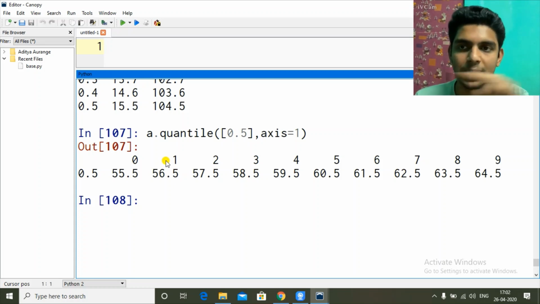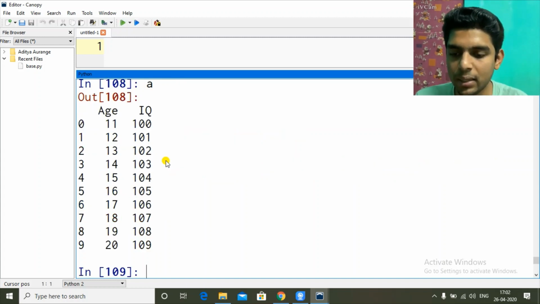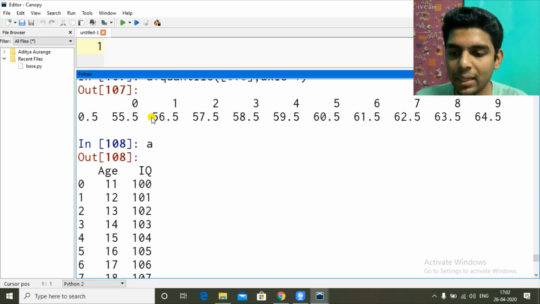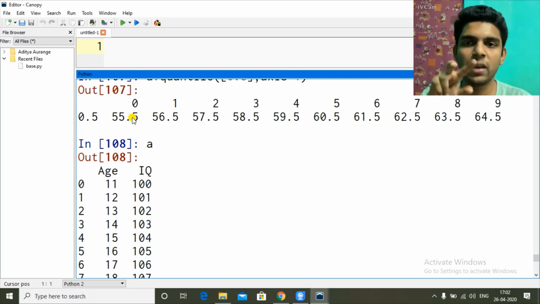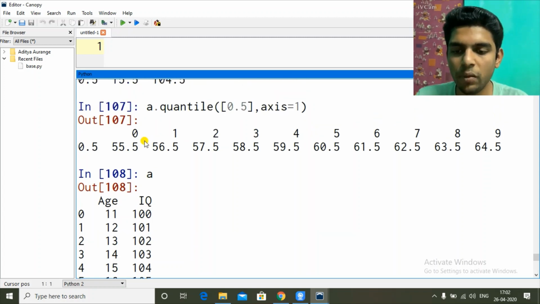For index one, one row, I got 56.5. So my A looks like this. For the 0th of these two values, the quantile at 0.5 is 55.5. So to the left of it one value lies, and to the right of it one value lies, because row wise we have only two values. So we can find it row wise or column wise by giving axis values.